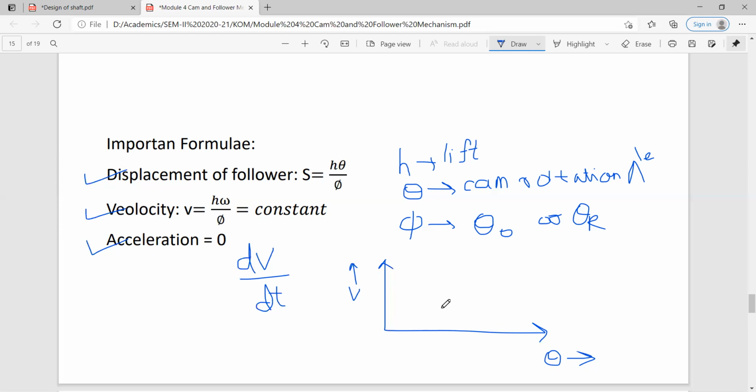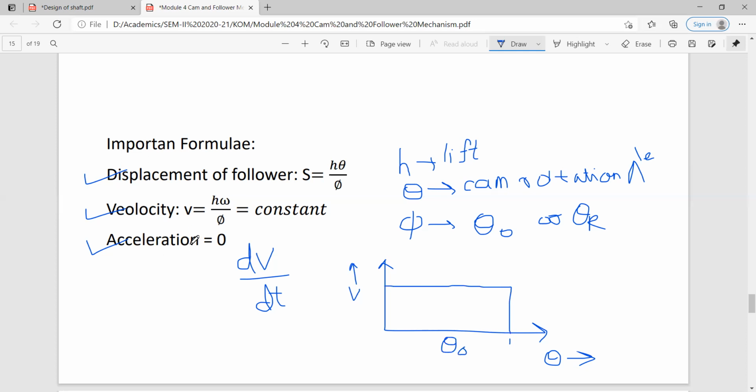How will you draw it? You know the velocity is equal to h omega upon phi, but it is constant. So the velocity will remain constant through the complete period of either angle of rise or angle of return. This way you can draw the velocity diagram.